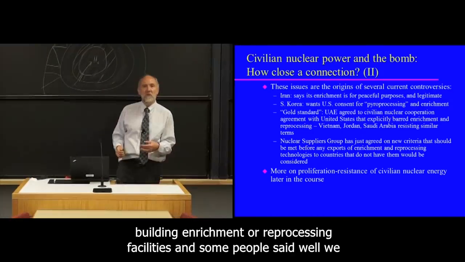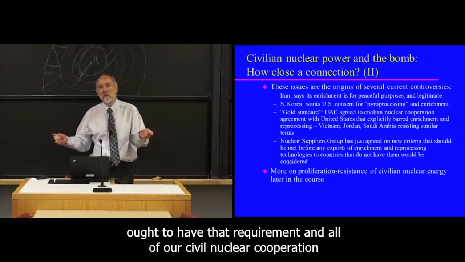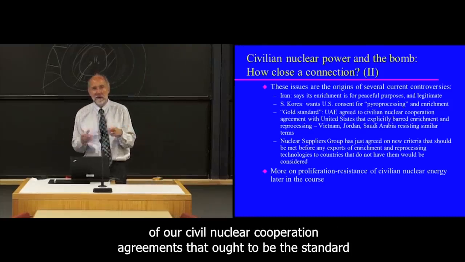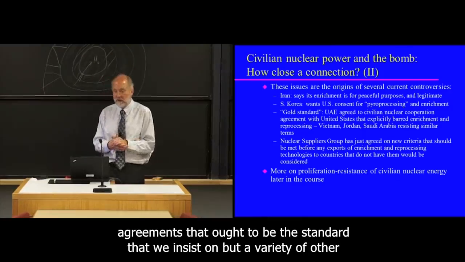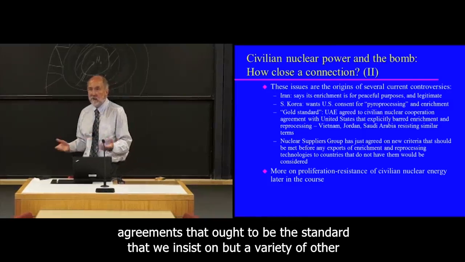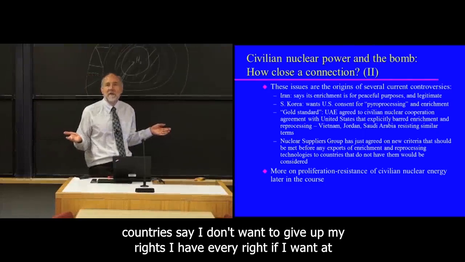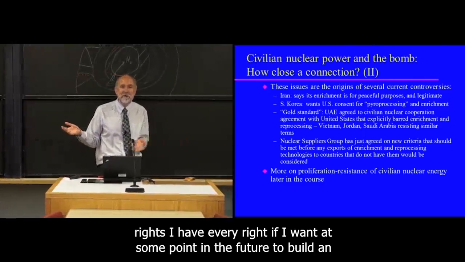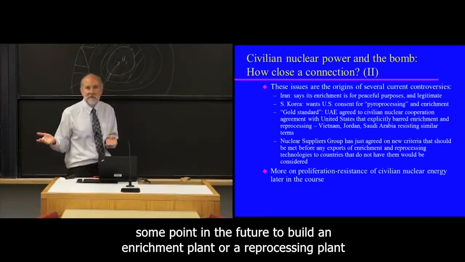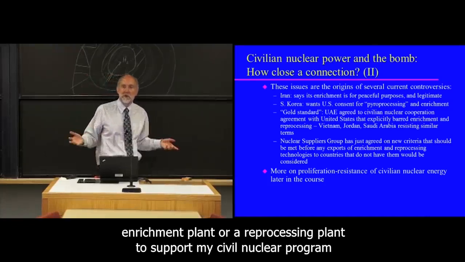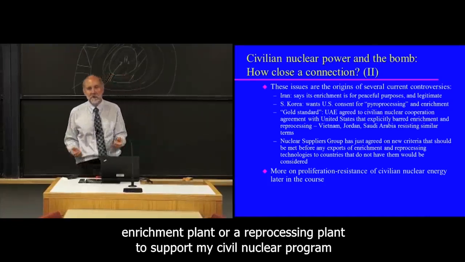And some people say, well, we ought to have that requirement in all of our civil nuclear cooperation agreements. That ought to be the standard that we insist on. But a variety of other countries say, I don't want to give up my rights. I have every right, if I want at some point in the future, to build an enrichment plant or a reprocessing plant to support my civil nuclear program.